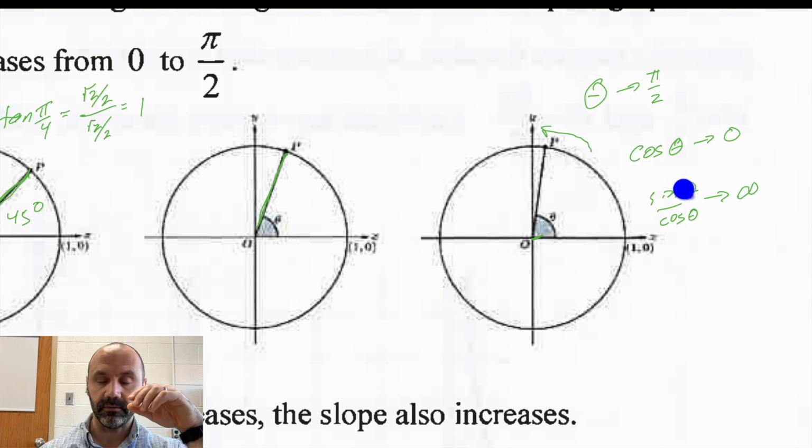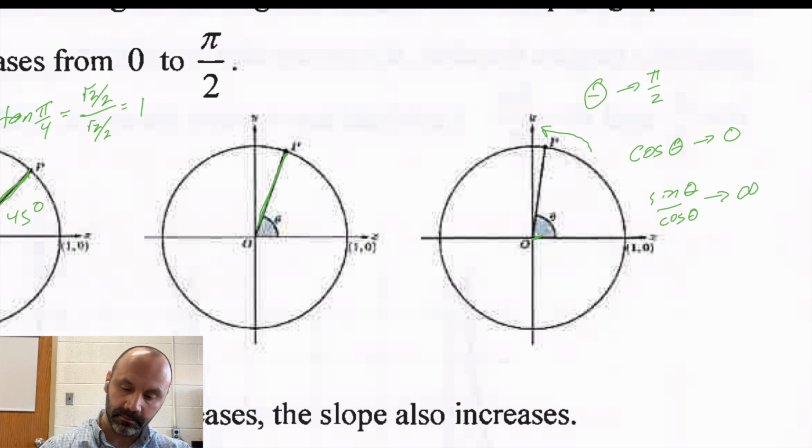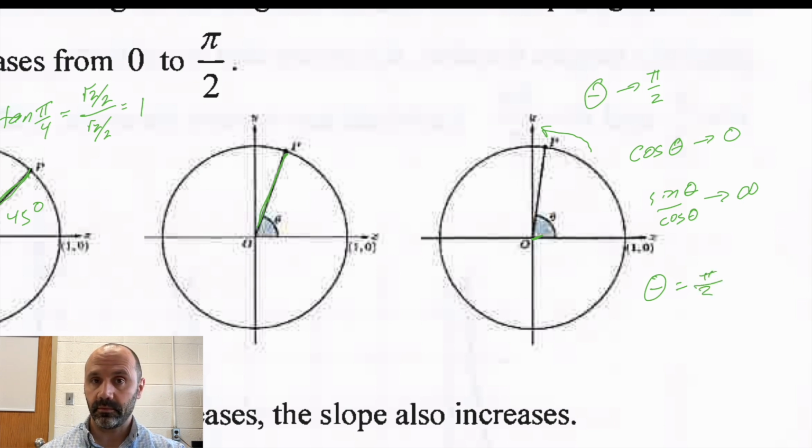And that means the overall value is going to get really big. And then when theta equals pi over 2, then cosine of theta is 0. So that means tangent of pi over 2 is undefined.